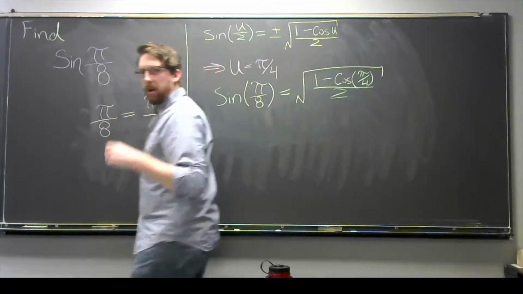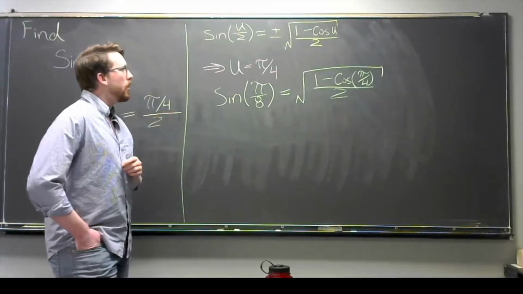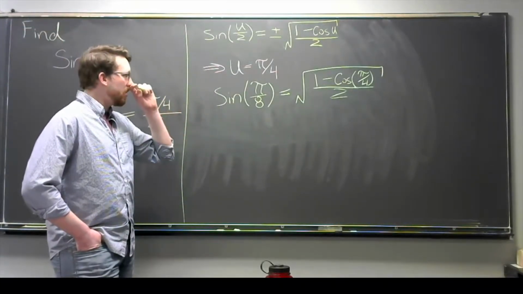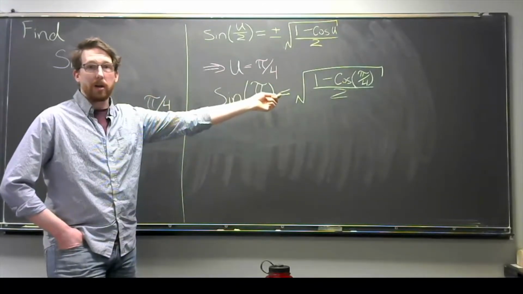Like I said, I'll explain why I know to use the positive in just a second. Now, looking at this, we know what the cosine of pi over 4 is, right?